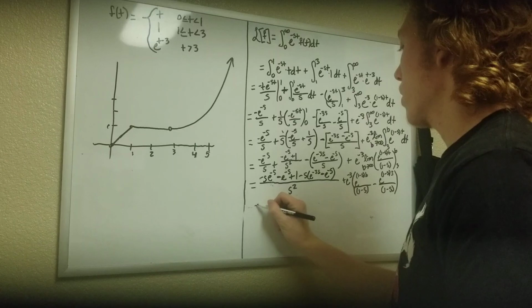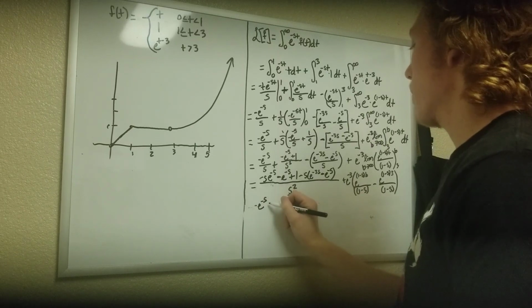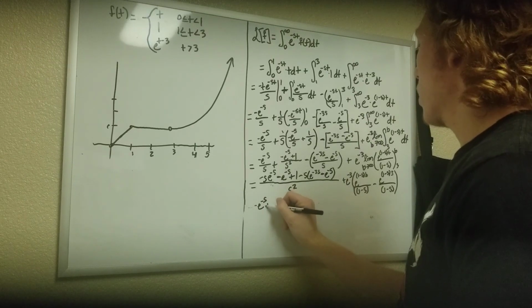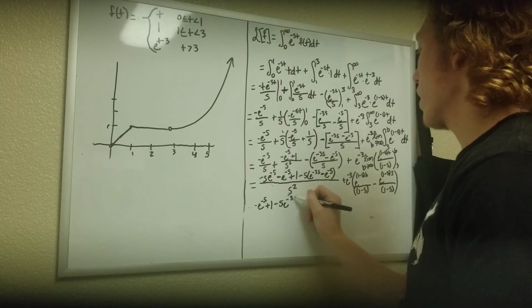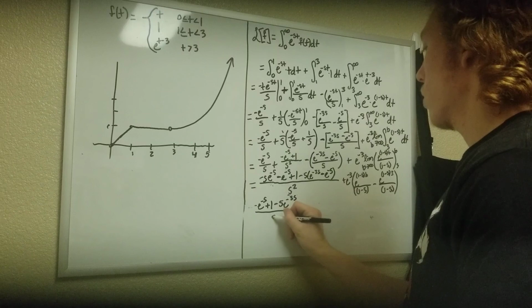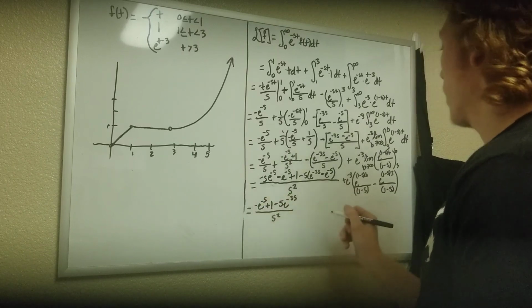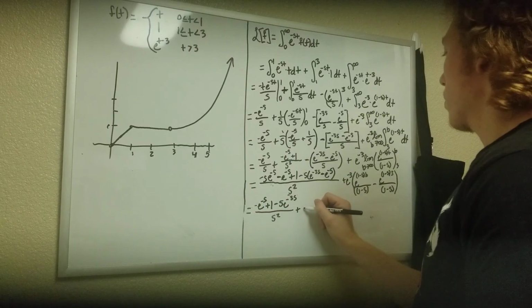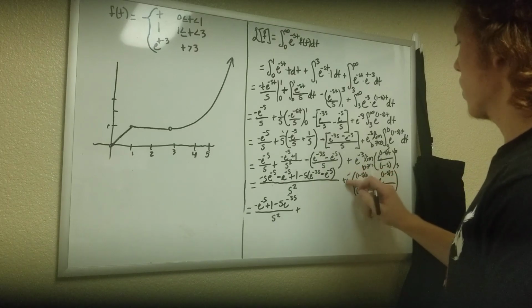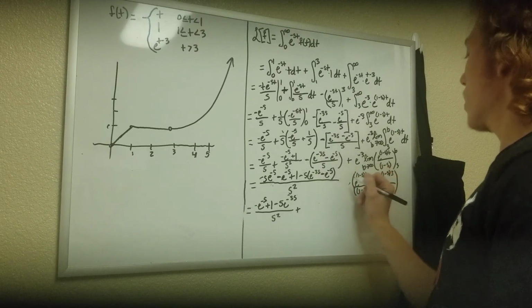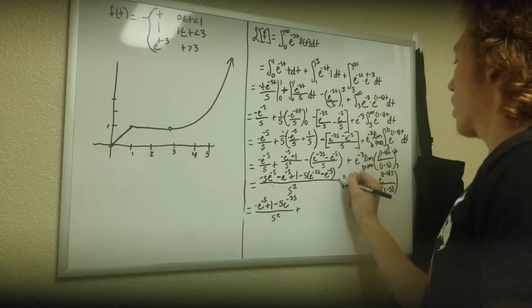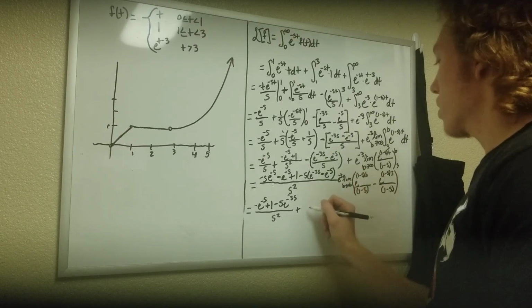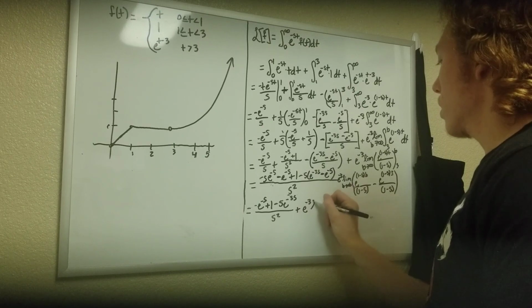And we're left with negative e to the negative s plus 1 minus s e to the negative 3s over s squared. And I realize I forgot my limit over here. Awesome. E to the negative 3.